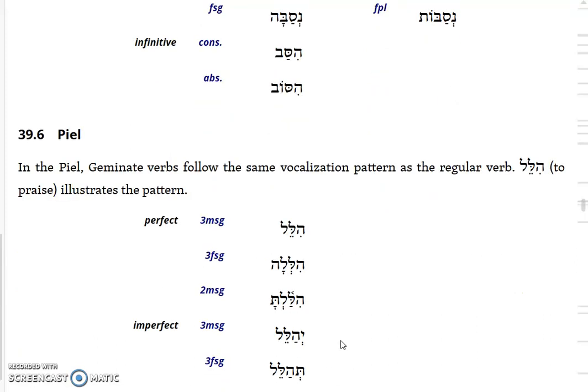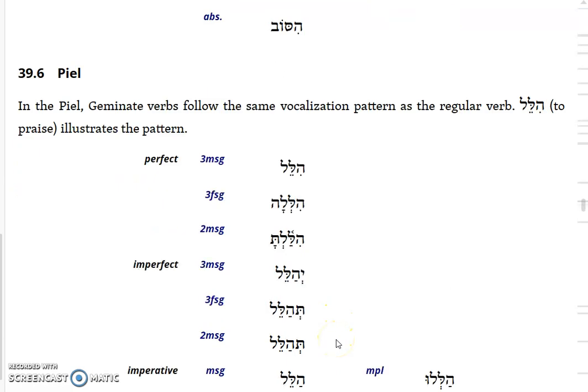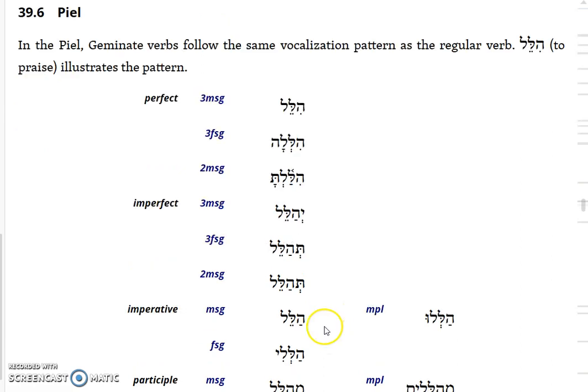In the piel, geminate verbs follow the same vocalization pattern as the regular verb hillel, to praise, which illustrates the pattern. So hillel, he praised, hillela, she praised. The imperfect prefix yod with the shva looks very regular, yehallel, and on down the list.